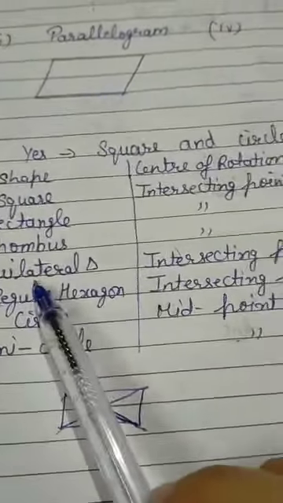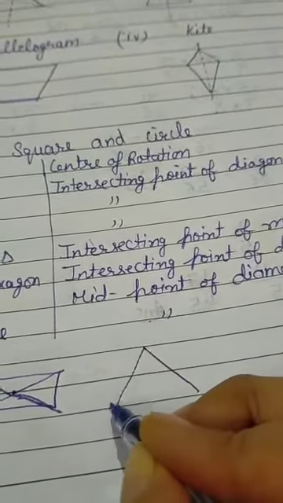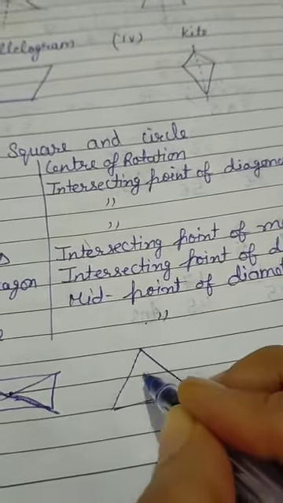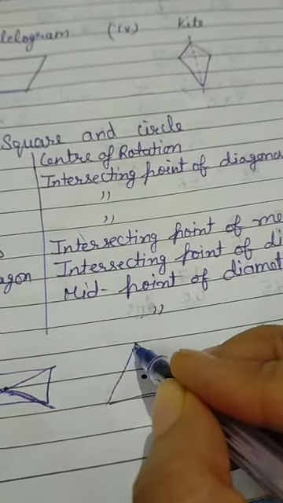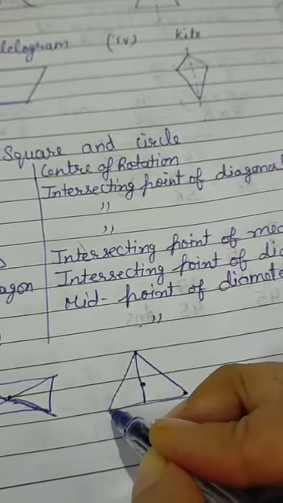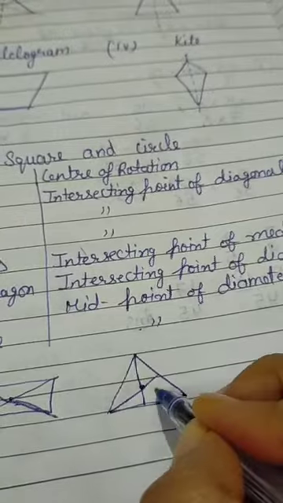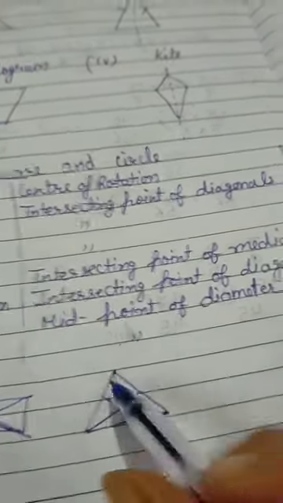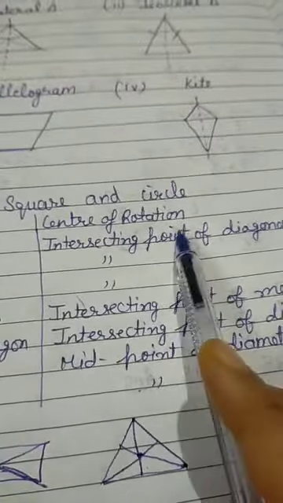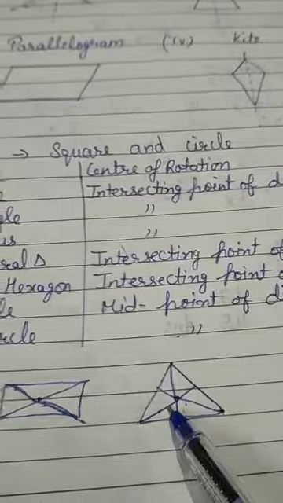Now in an equilateral triangle, where will the center point come? It will not be the intersecting point of diagonals. You know there is no diagonal in a triangle. There will be medians. So the center of rotation in an equilateral triangle will be the intersecting point of medians.